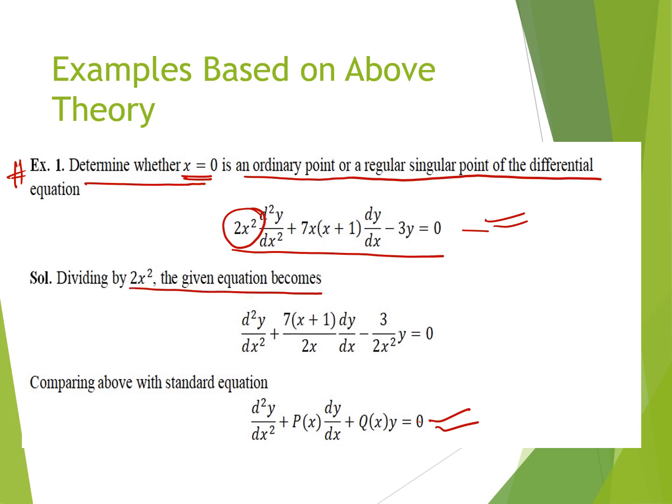We get d square y by dx square plus 7(x plus 1) by 2x dy by dx minus 3 upon 2x square y equals 0. Now this is the value of p(x) and this will be the value of q(x).